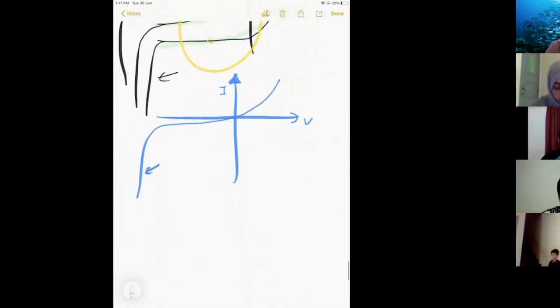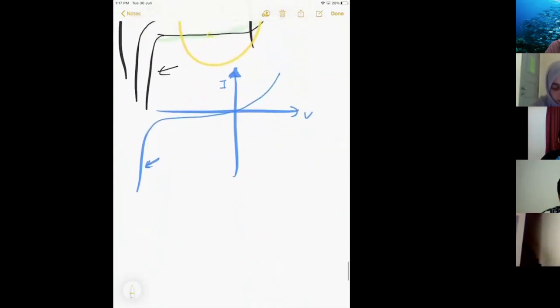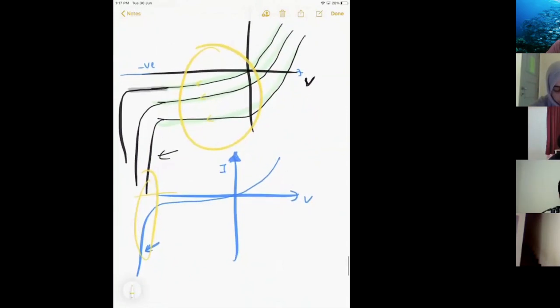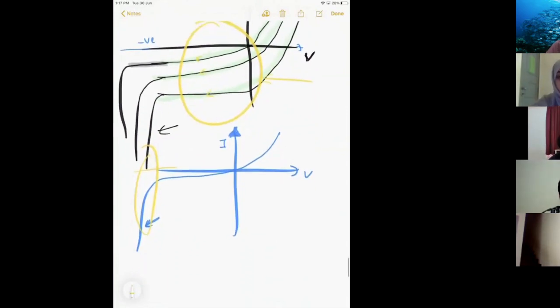Now if it's an avalanche photodetector, the operating region is here. Can you see the difference? The normal one is over here, before the breakdown. For an avalanche photodetector, you are operating here. When you have light, it will be like that.